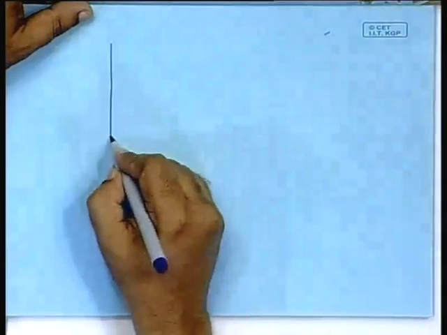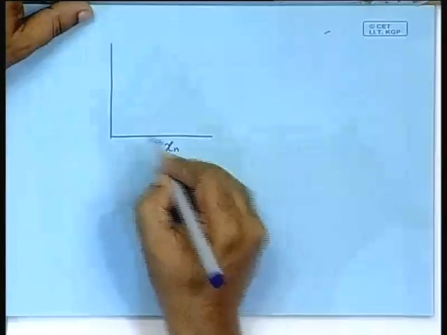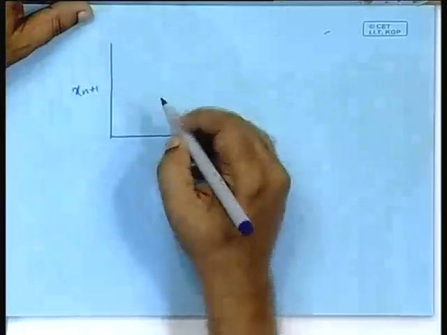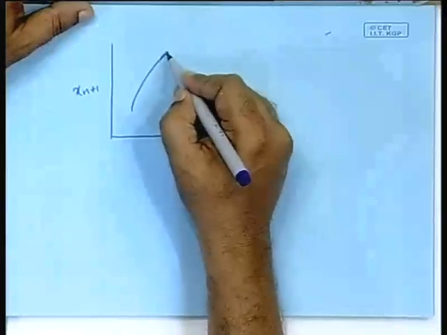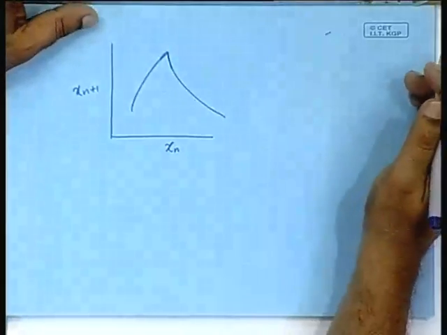For example, if there is a map whose graph would be of this form, x n versus x n plus 1, something like this. So, here the slope changes abruptly.